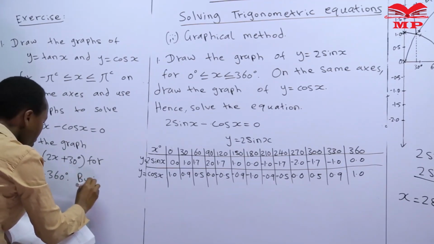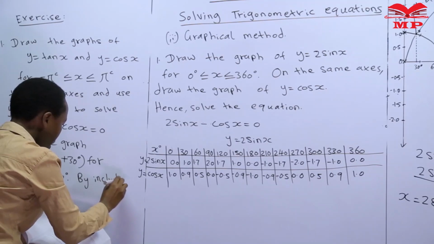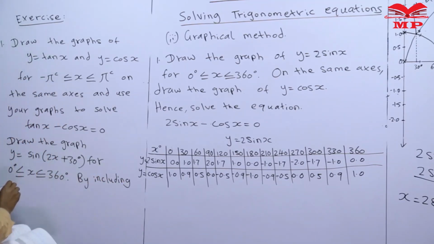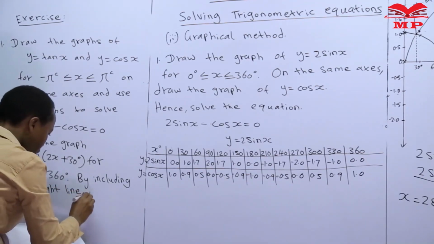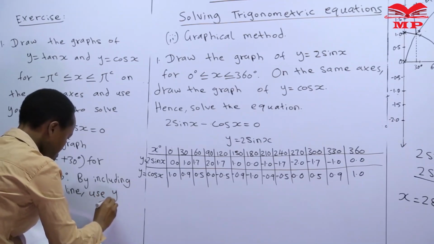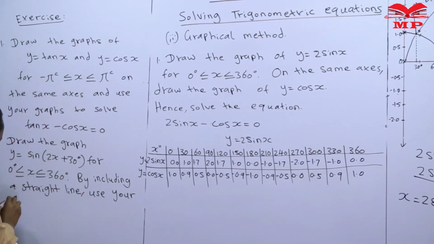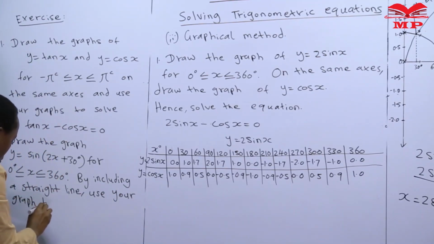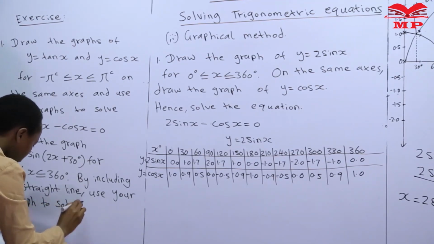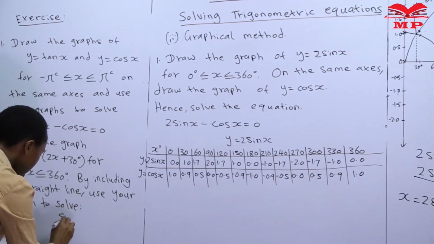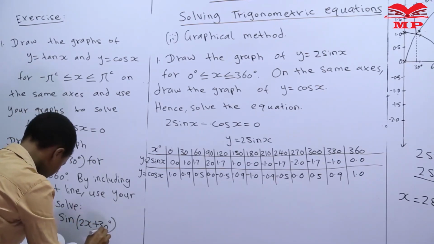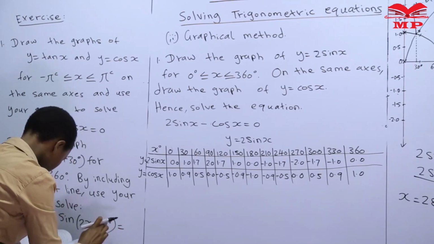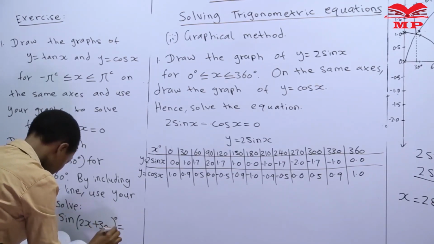Then by including a straight line, use your graph to solve sine (2x plus 30 degrees) is equal to 0.8.